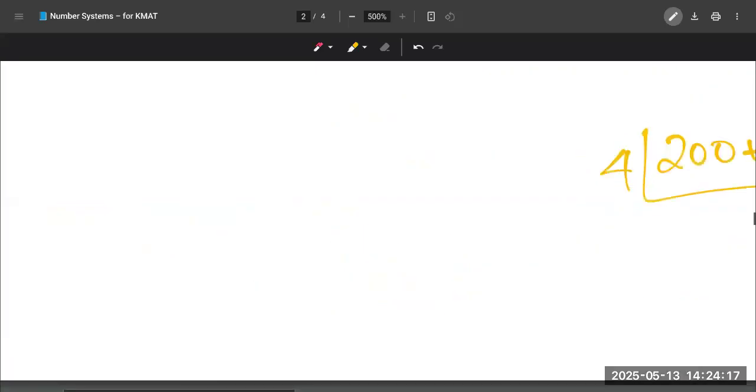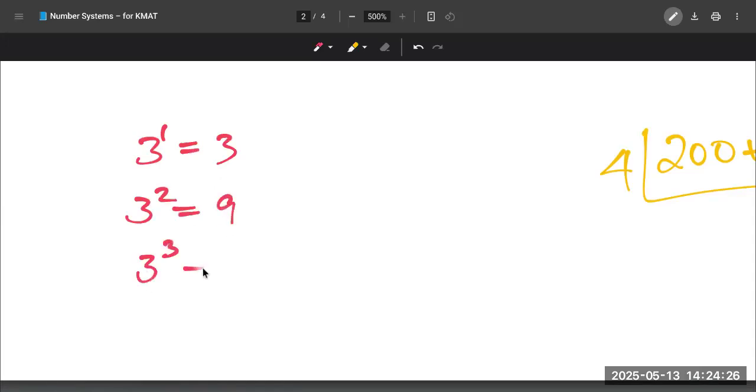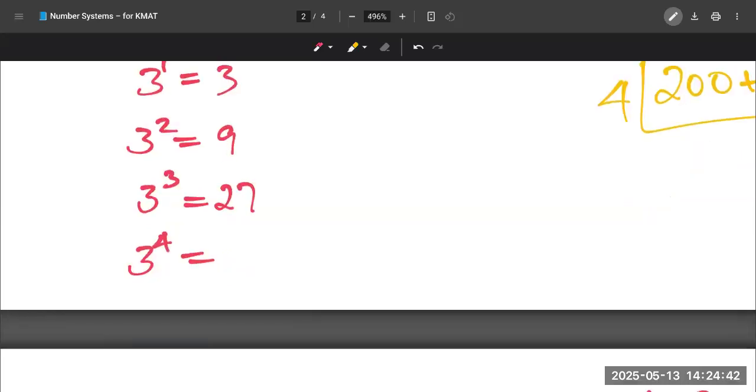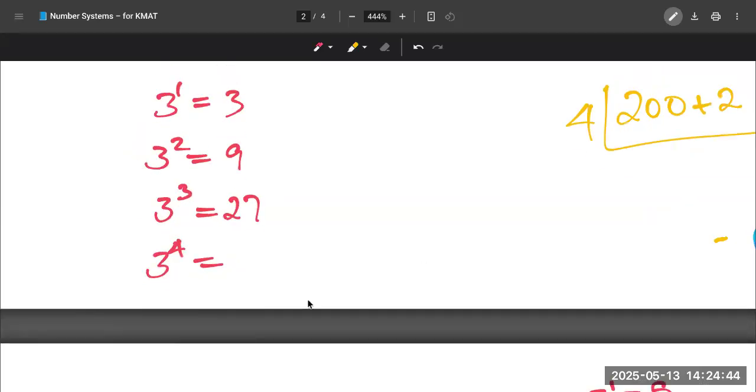What is repeating in 3? 3 square is 9. 3 cube is 27, and the next one is 81, and the next one.